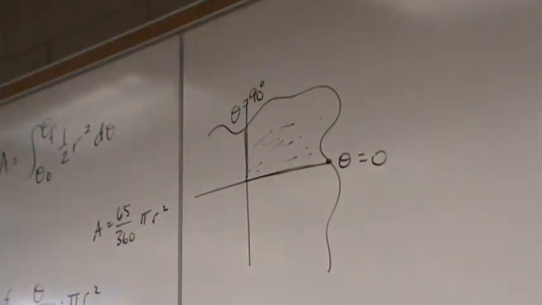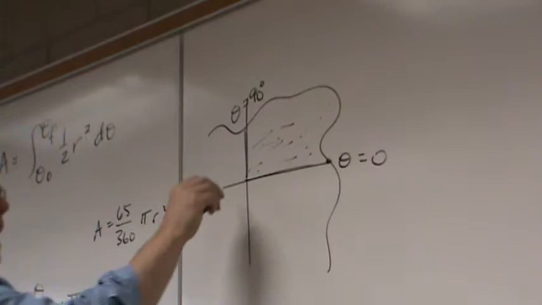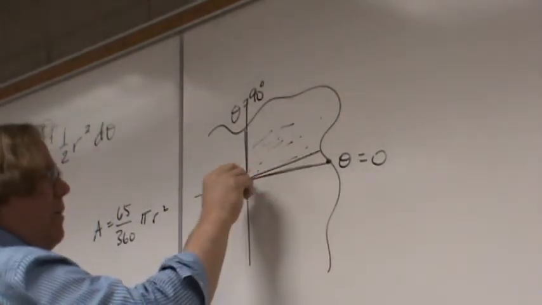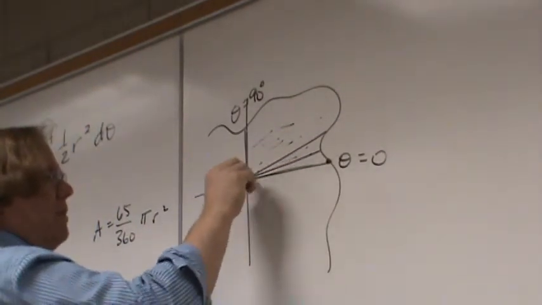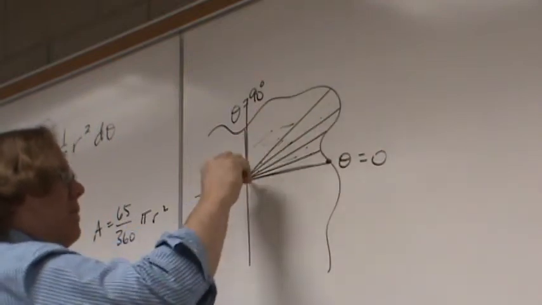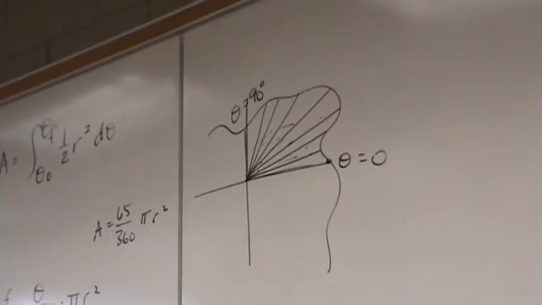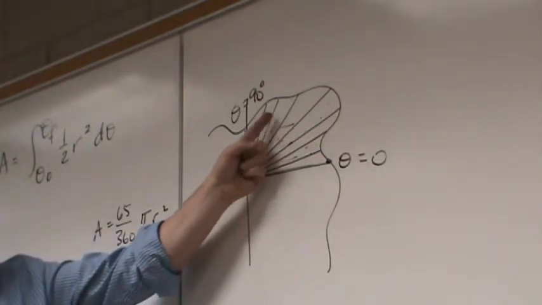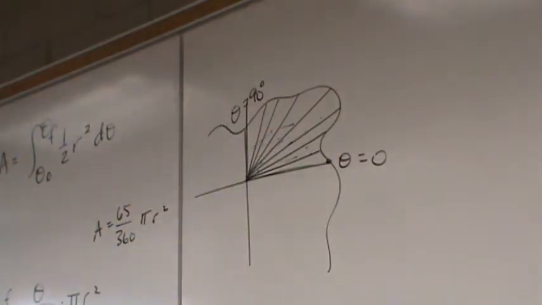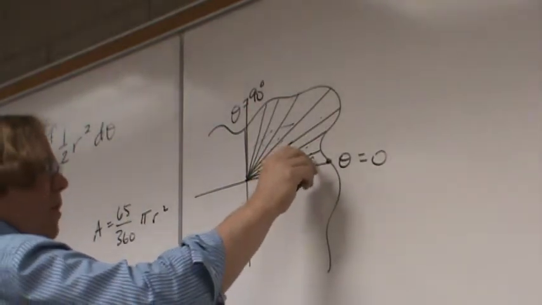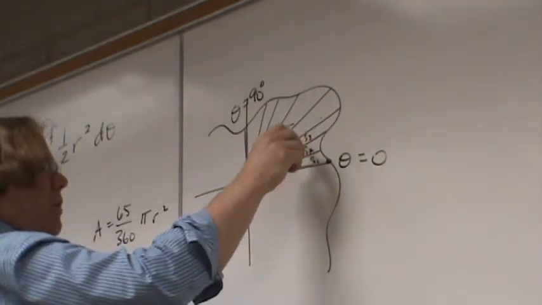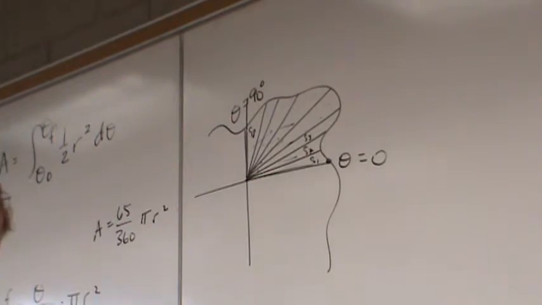The way I'm going to do it is by adding up sectors. I'm going to add that sector to that sector to that sector, and so on. I can add up those 8 sectors. I can call them S1, S2, S3, all the way to S8.